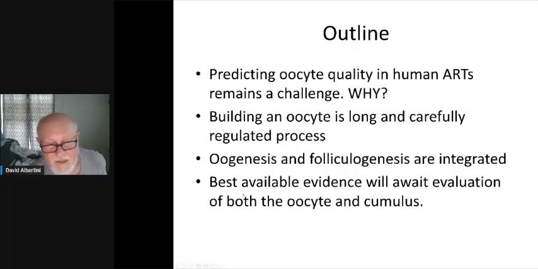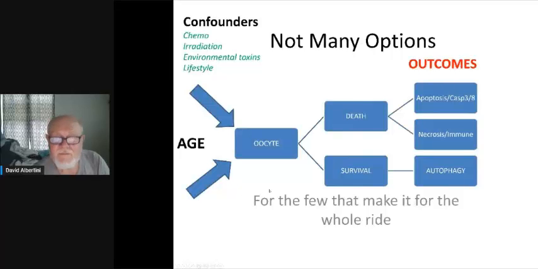And that's why you'll see that the field as it stands now has realized that our chances of evaluating oocyte quality directly by monitoring some dimension of the oocyte's physiology, etc., are really limited, and that we're turning our attention to evaluating both the gene expression and physiology of the cumulus cell in order to get a better picture of what the oocyte's quality means.